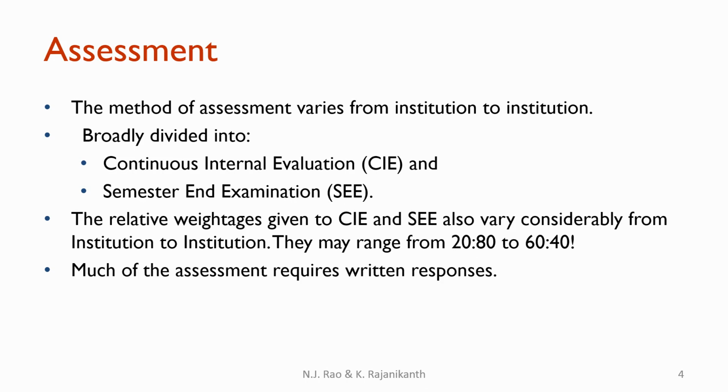So, there are autonomous institutes which allocate 60 marks to SCE and 40 to CIE, but a more common allocation in autonomous institutes is 50:50, and in non-autonomous affiliated institutes it is 20:80. These are the most common numbers, but they do vary across the universities and the institutes, and much of the assessment still requires written responses as of now.